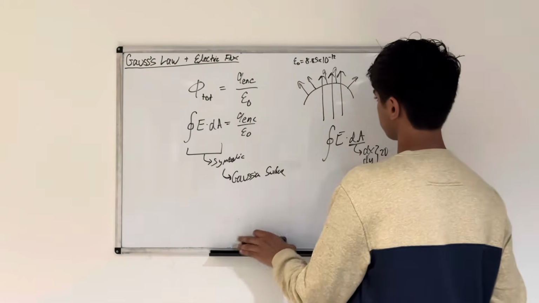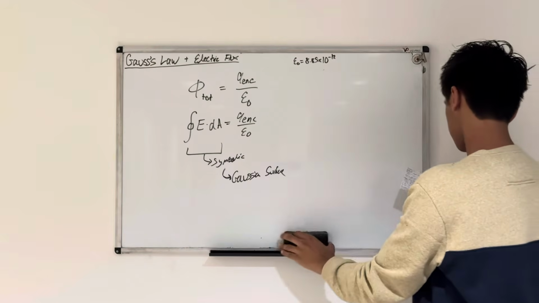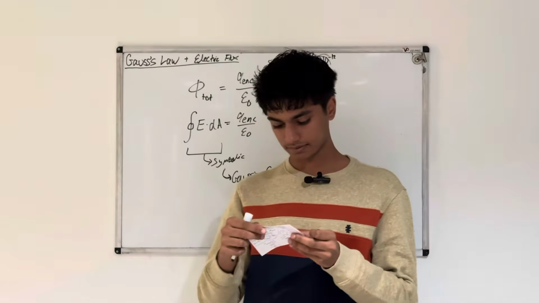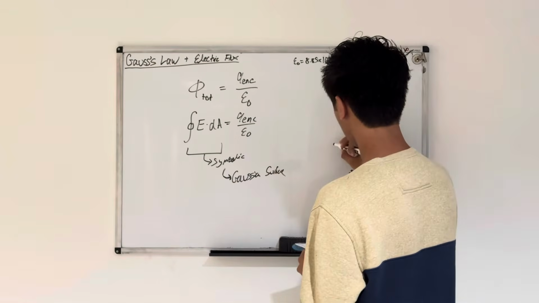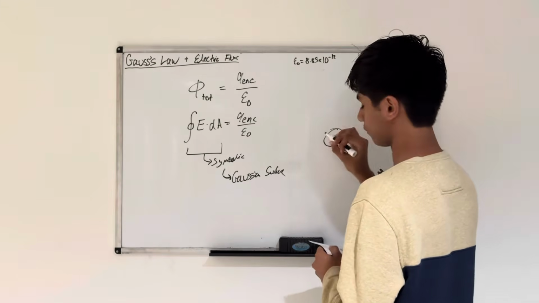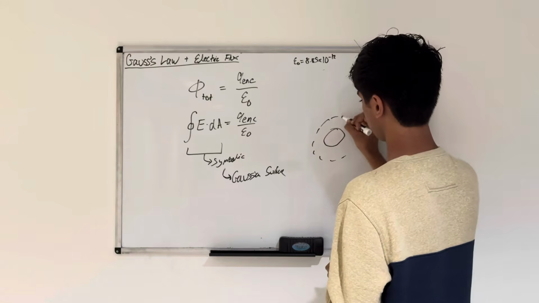A Gaussian surface is a 3D surface that encapsulates an object and matches the symmetry of it. So for example, if we have a circle, the Gaussian surface would be a circle around it.